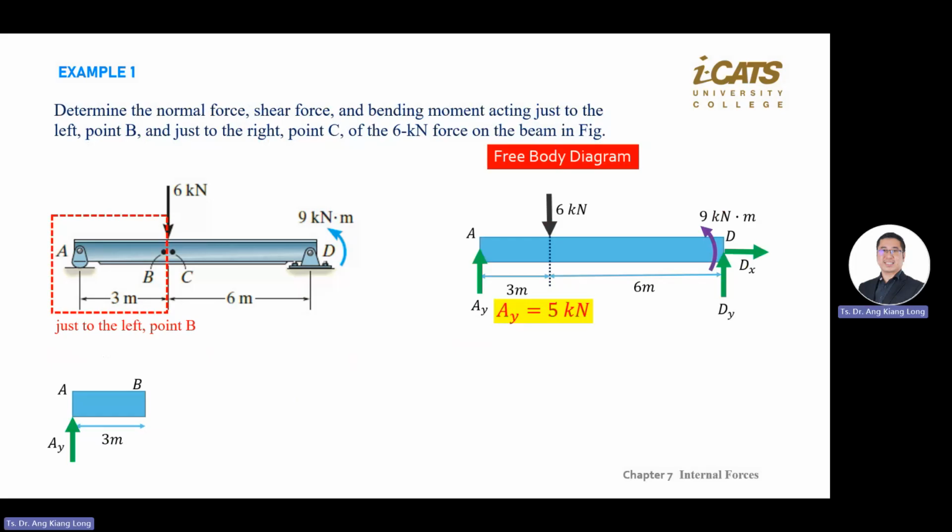Then the whole question is wrong already. Okay, so when you draw a free body diagram, don't substitute the value that you calculate. Substitute with the unknown labeling, like for example, A1, just to be safe.